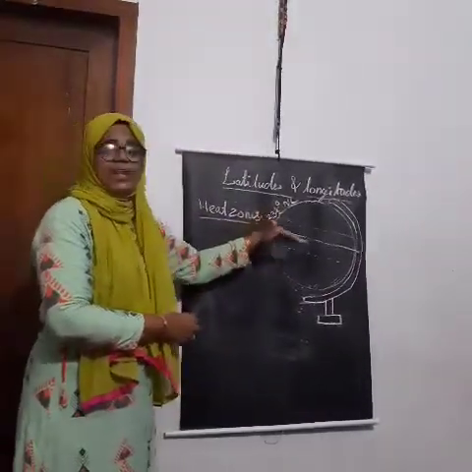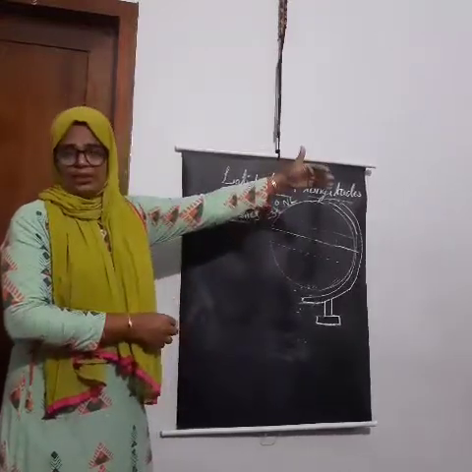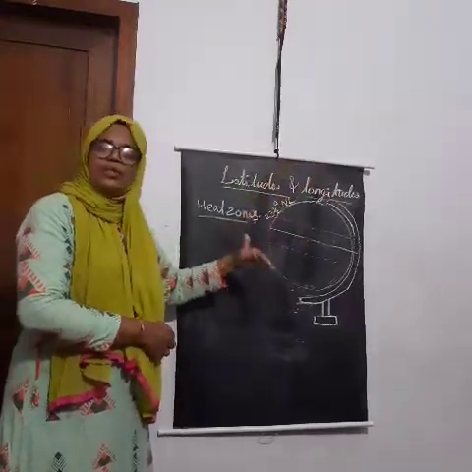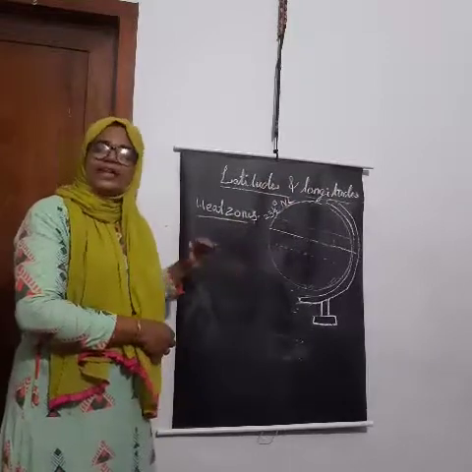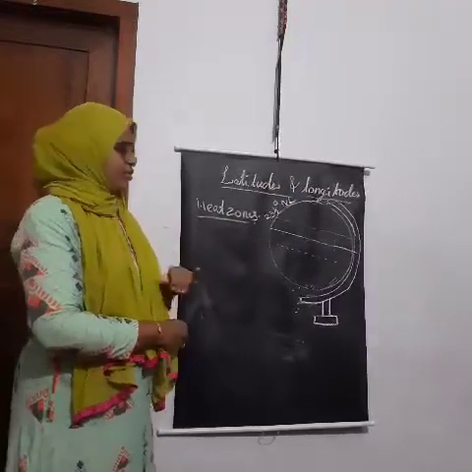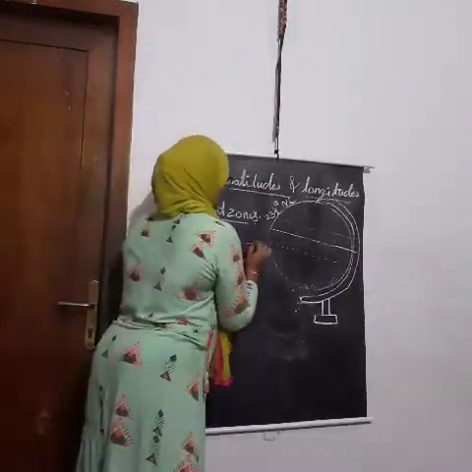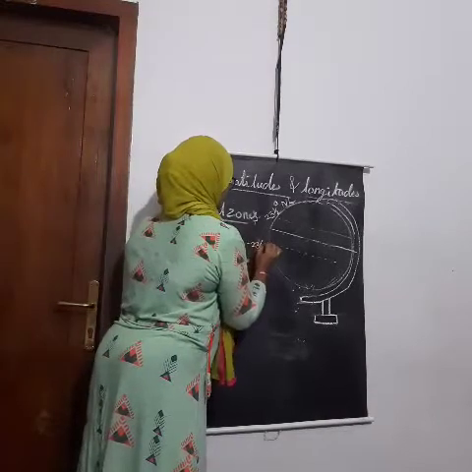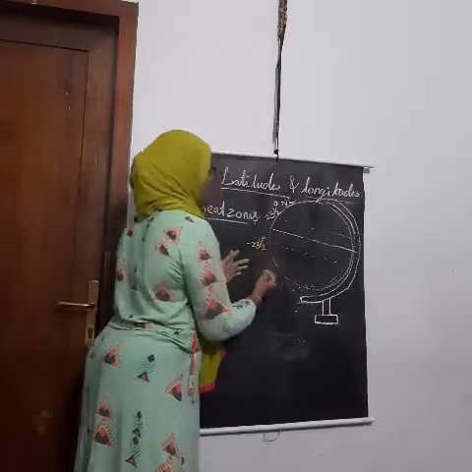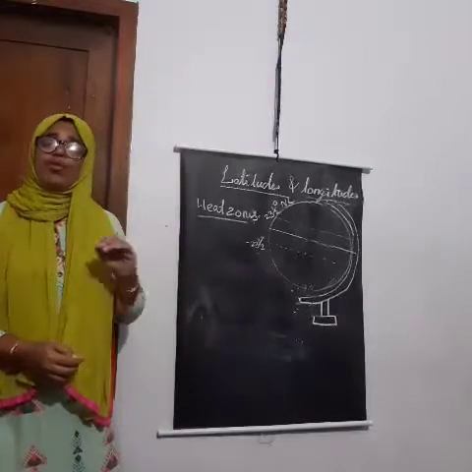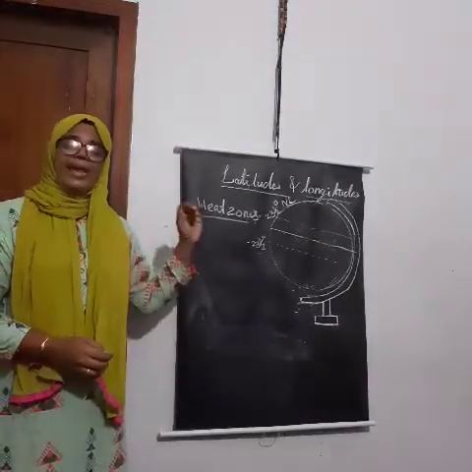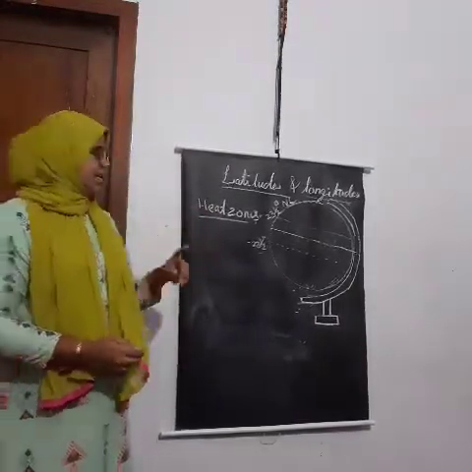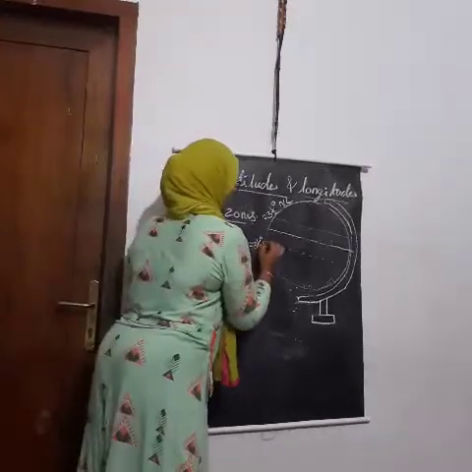All the latitudes above the equator will be positive, but all the latitudes below the equator, in the southern part of the equator, will be negative. So negative 23.5 degree latitude. Tell me, will it be north or south? Correct, it is south.